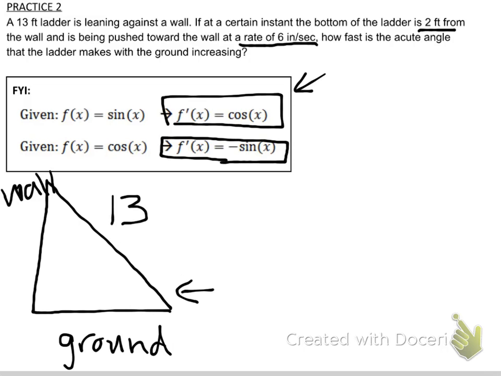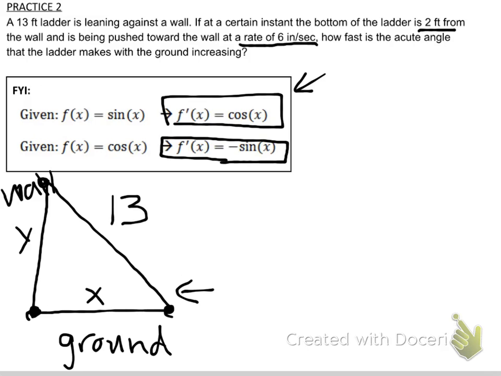So, since there are no other numbers that I can write on my picture, I'm going to label it with variables. So I'm going to say that the distance from the bottom of the wall to the bottom of the ladder is x. And from the bottom of the wall to the top of the ladder is y. And that's really going to help us when we write our given and find information.